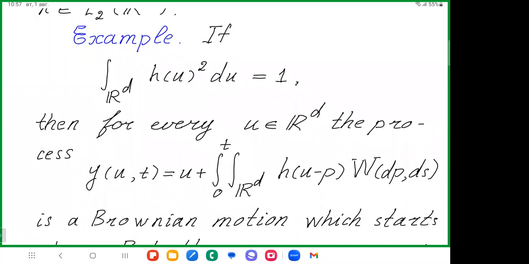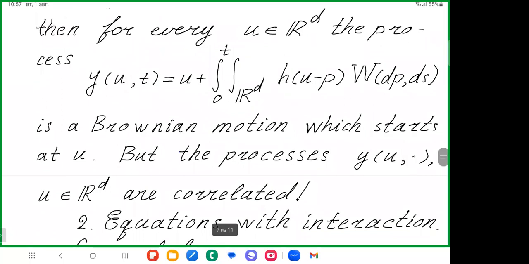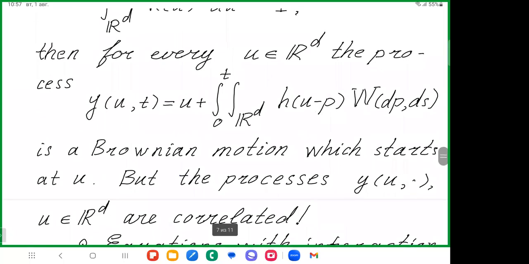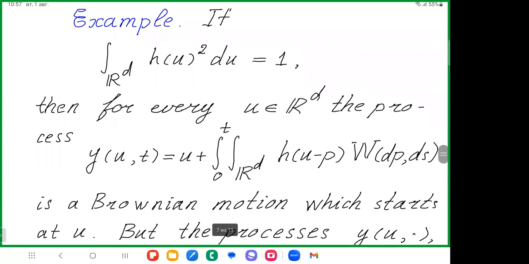Now, see the following important remark. The processes y^u for different u are correlated. And it is also trivial because if we take y^{u1}(t) and y^{u2}(t) and just take the expectation of the product, then we will get the integral of the product of the functions h(u1 minus p) and h(u2 minus p), and this product is non-zero, at least for certain u1 and u2.